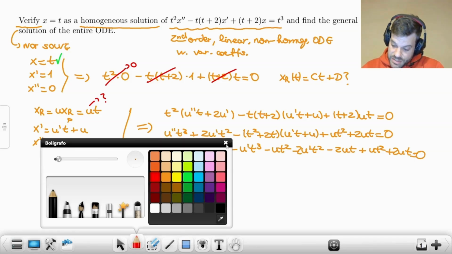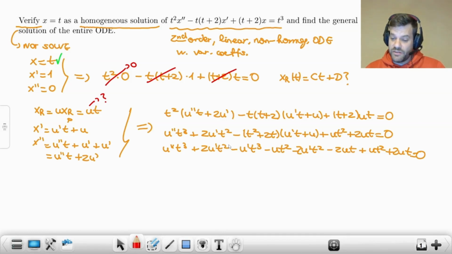Here we have a nice checkpoint. We know for sure that at the very least all the u terms must be gone, must cancel out. So 2ut minus 2ut cancel out. Ut squared minus ut squared, and oh, so lucky, 2u prime t squared minus 2u prime t squared.